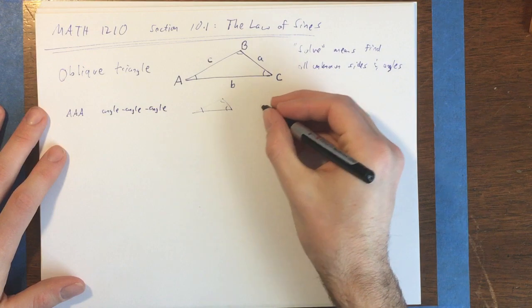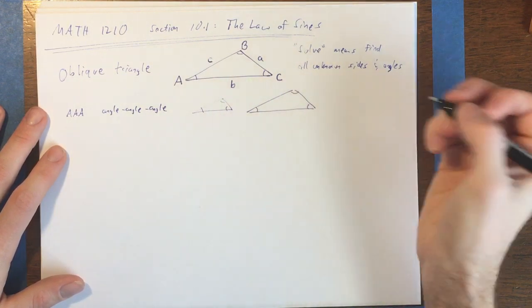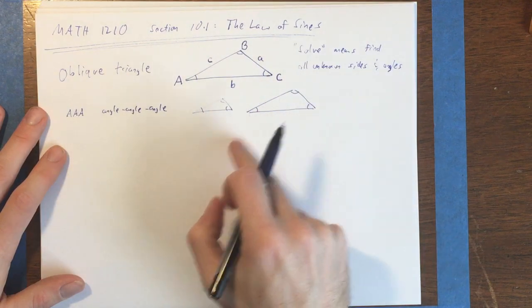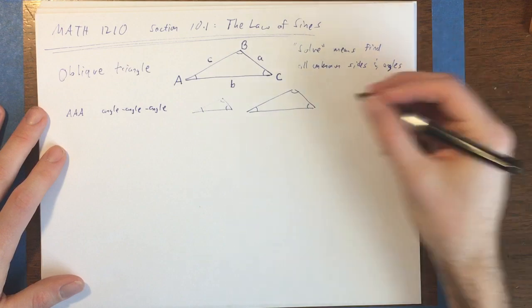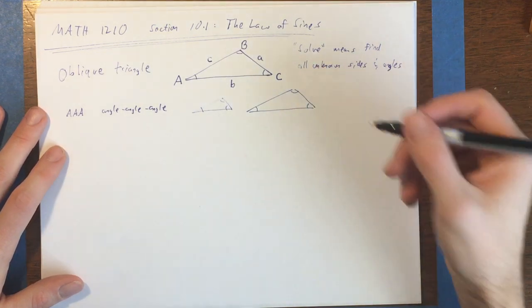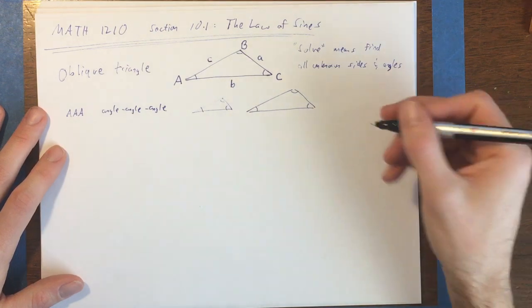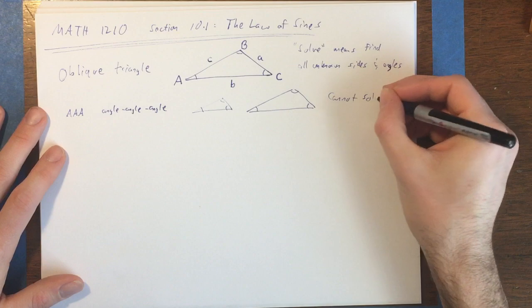And the reason it's impossible to solve is because you don't know how big that triangle is. You don't know if it's small or large. And you could have the same exact 3 angles in a small triangle or a big triangle, and you would never really know which triangle you're dealing with. So it's impossible to determine the length of any of the sides. So this is a cannot solve situation.